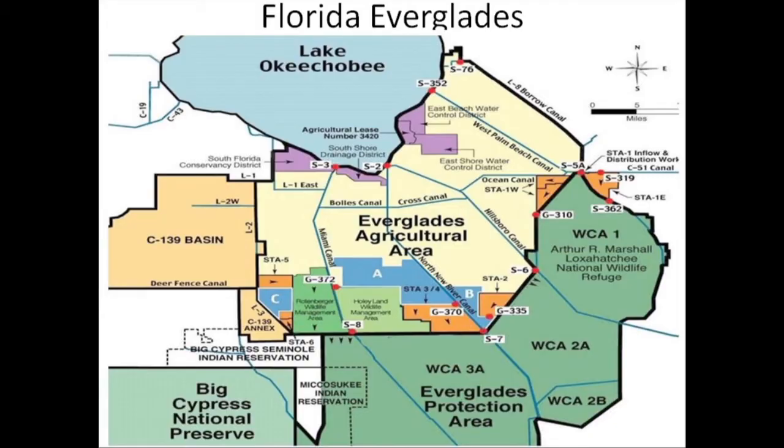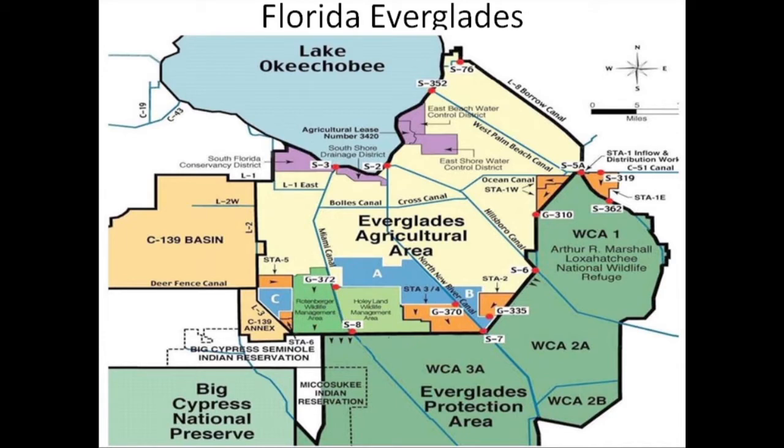For example, in discussions that are going on as we speak, you'll look at this, in the middle of the chart, you'll see little things that are labeled STAs. An STA is a stormwater treatment area. And the idea is to take runoff stormwater from the agricultural area, have it pass through those STAs, which are marshlands designed to promote the uptake of phosphorus, so that when the water comes out of those things, you have much lower phosphorus levels that would then reduce impacts in these various conservation areas, the Loxahatchee National Wildlife Refuge and the other water conservation areas down below.